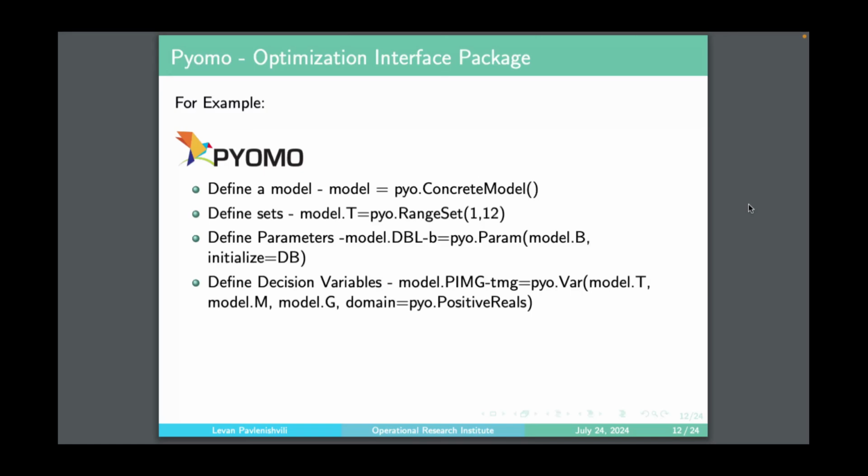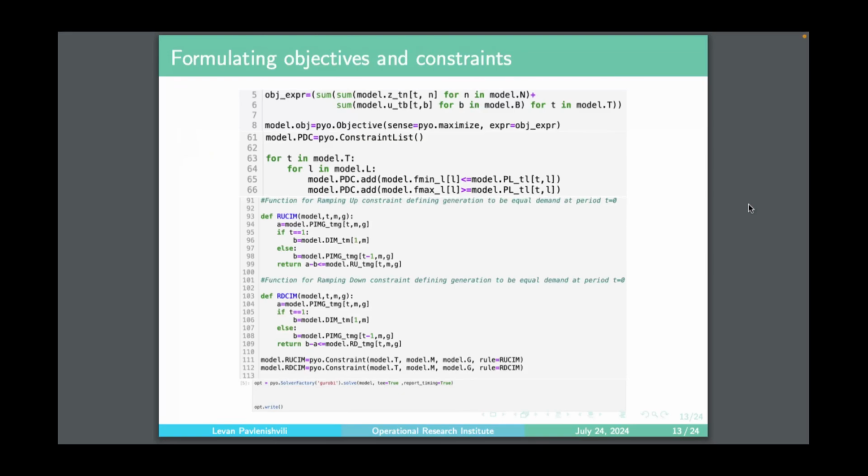So if you are defining the objectives, then you might have something like this. In Python, you would have an objective expression where you specify a formulation for the objective. You are normally looping with for loops in most of these cases.